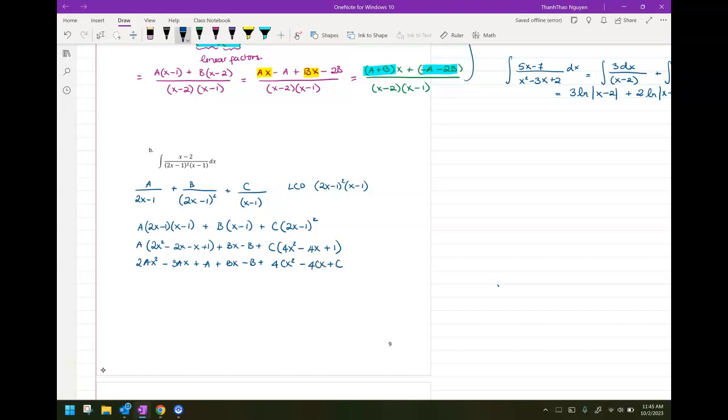Now we will group everything with x squared together, everything with x together, and everything that is a constant term together.